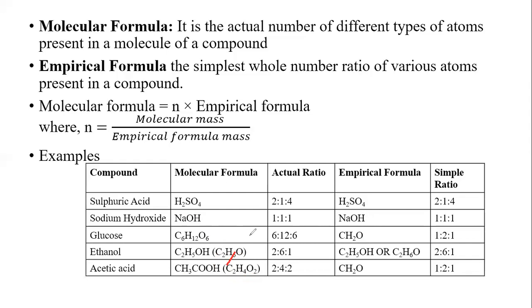So in acetic acid, two carbons are present, four hydrogen are present, and two oxygen are present. So the ratio of carbon to hydrogen to oxygen in acetic acid is 2:4:2.